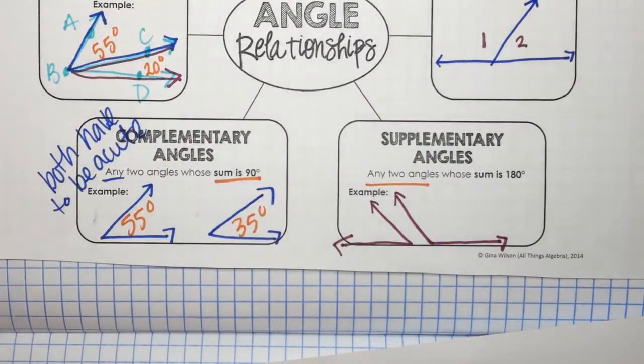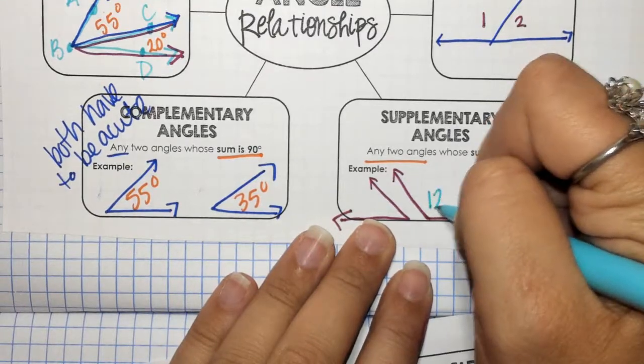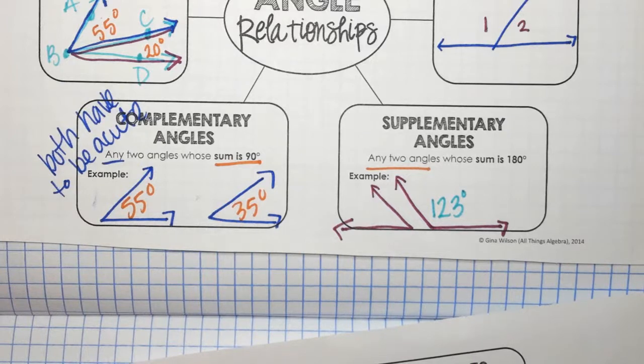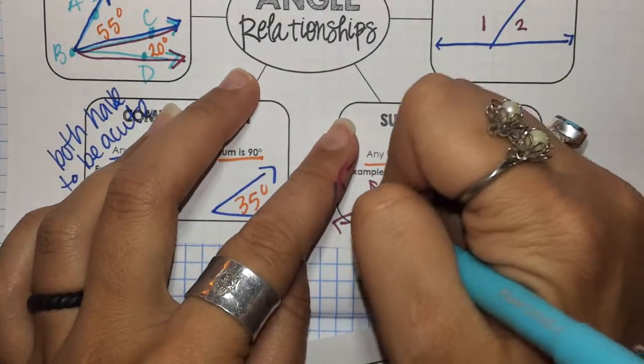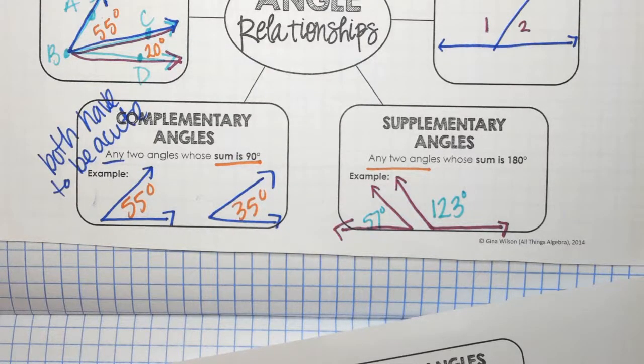Acute. And I said that this was 123 degrees. What would the other angle have to be? 57. Why? Because you just add them together and you get 180.